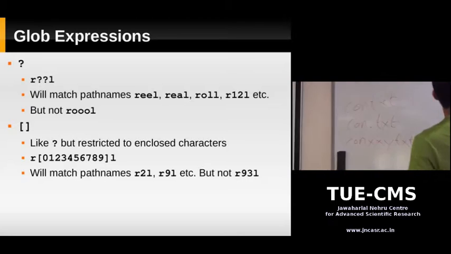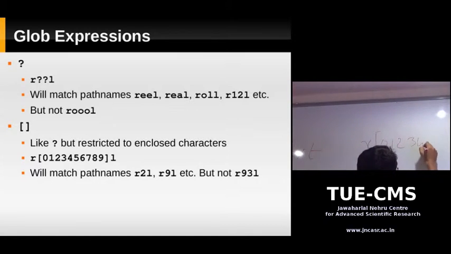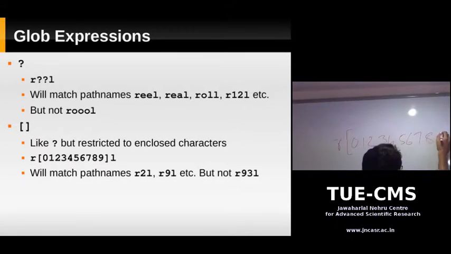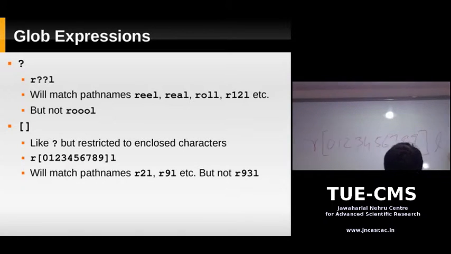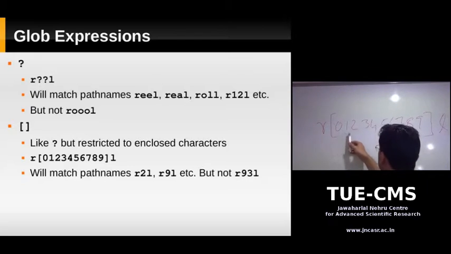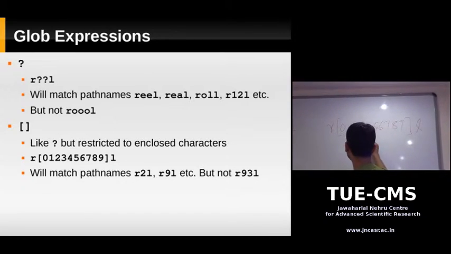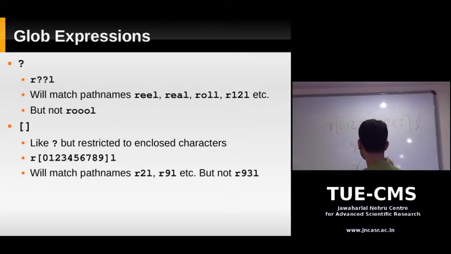So the glob looks like this: R, 0, 1, 2, 3, 4, 5, 6, and L. So this glob will match any one character from this set. So it can match a file name like R0L or R9L.